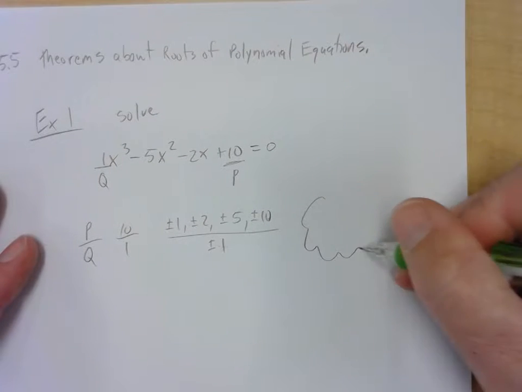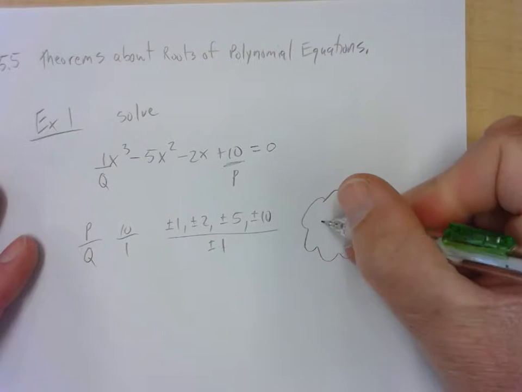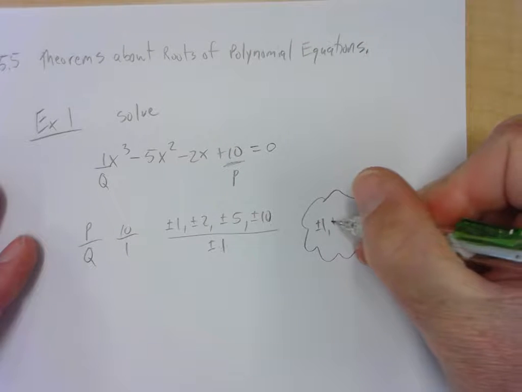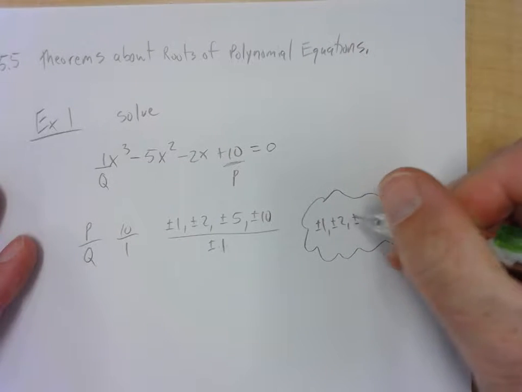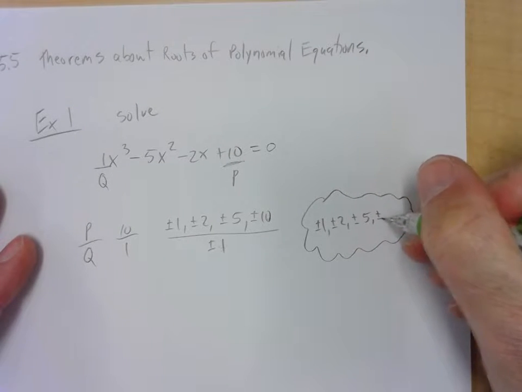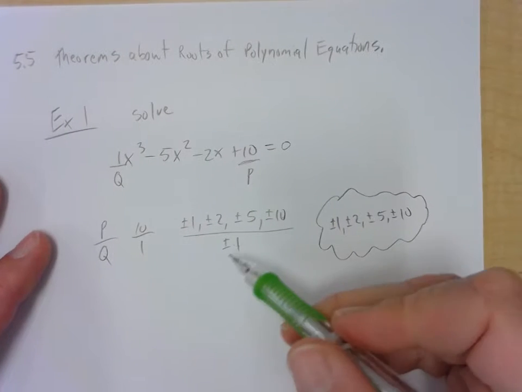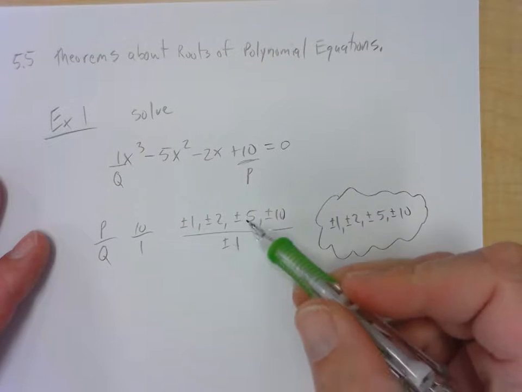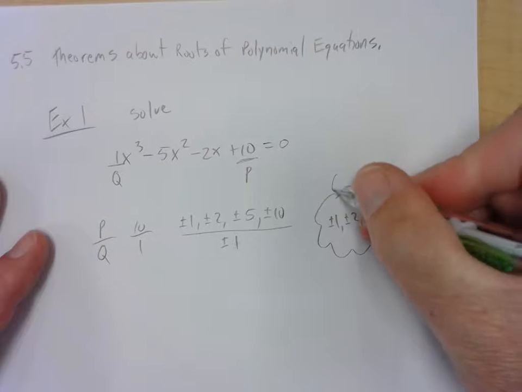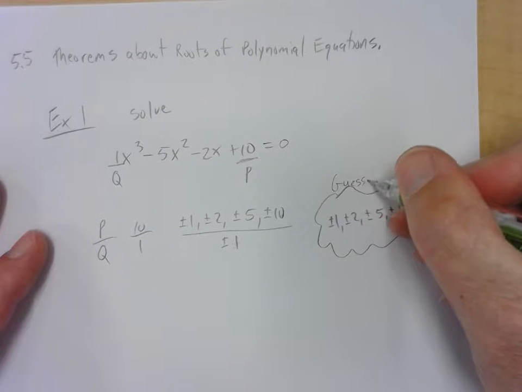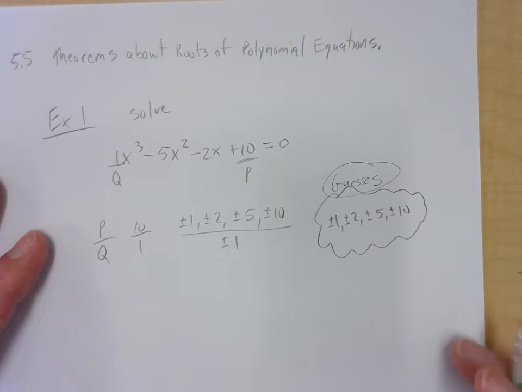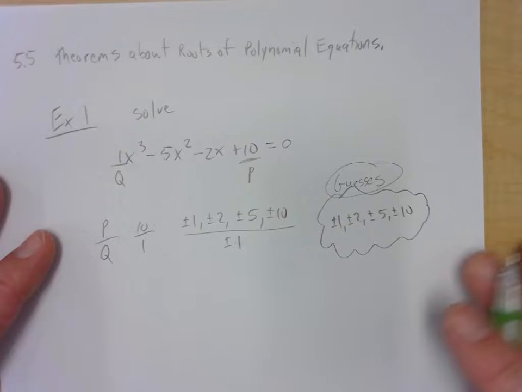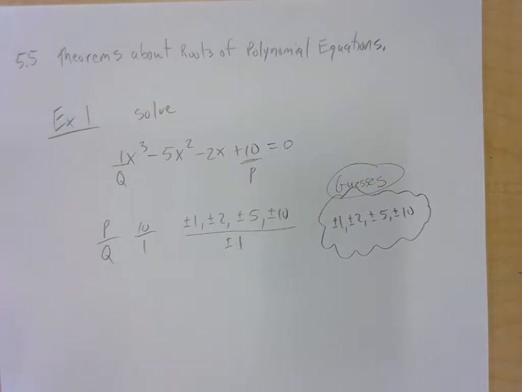So I make a pool of guesses here, plus or minus 1, plus or minus 2, plus or minus 5, and plus or minus 10. And that's the whole thing, just dividing into there, and you get these. So these are my guesses, my pool of guesses. All right, it could be a murky pool, it could be a sunny beach pool, any kind of pool that you want it to be.